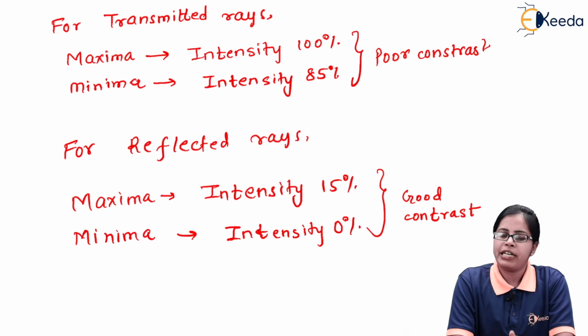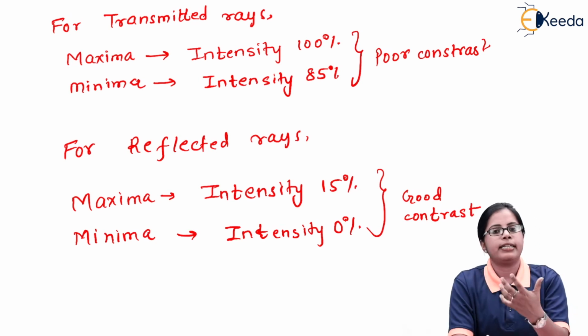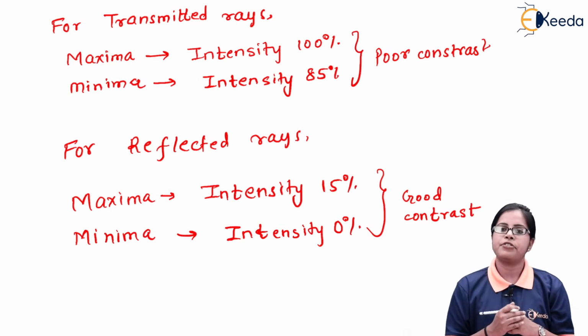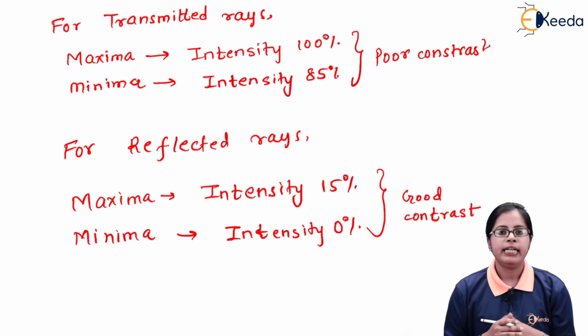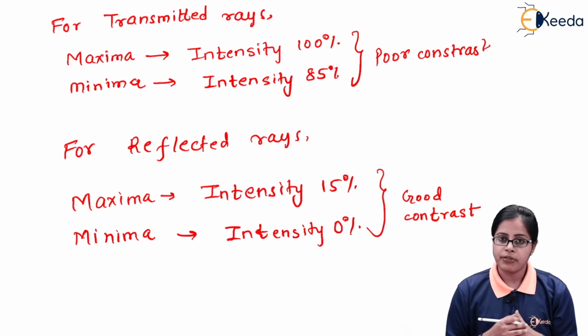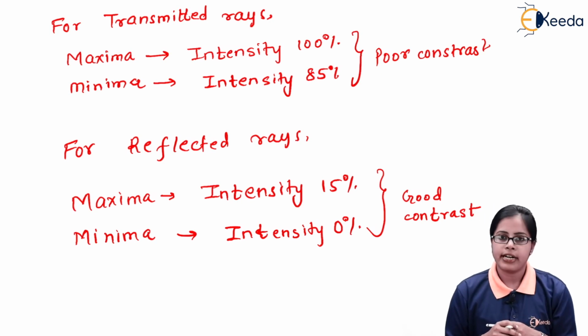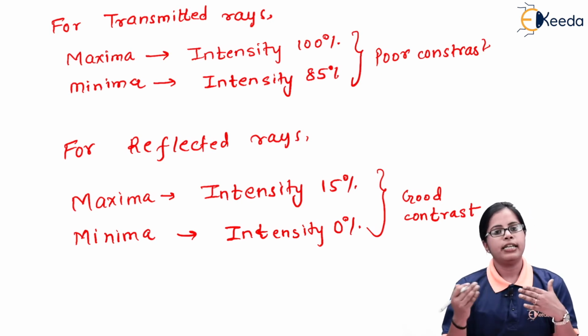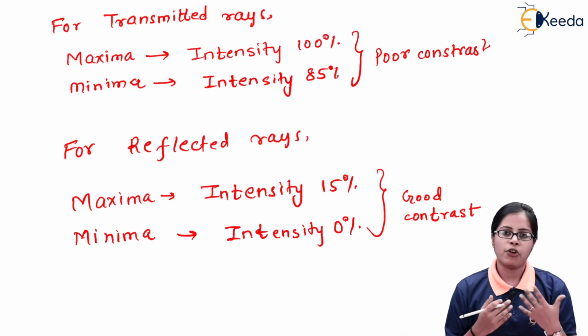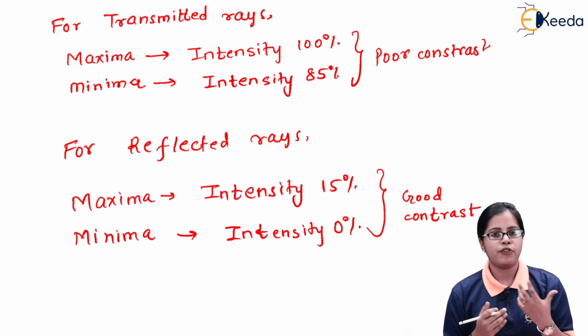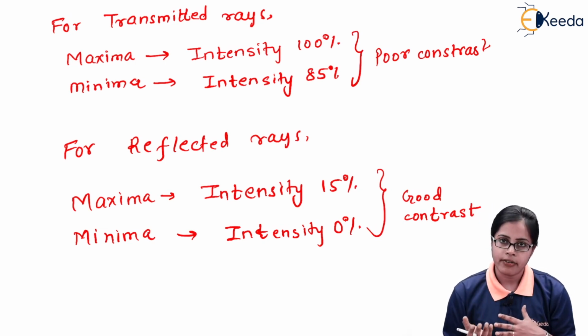So we have talked completely about what happens in the interference by division of amplitude. Then we talked about parallel sided films, and the interference occurring due to parallel sided thin films. Then we talked about the conditions we obtain for maxima and minima for the two systems, reflected and transmitted.